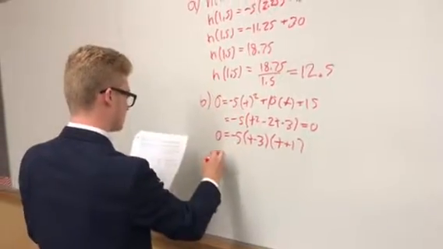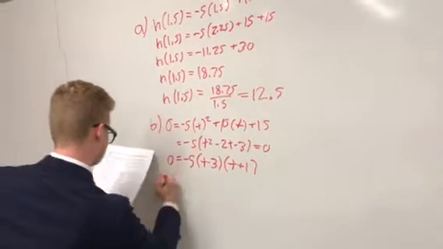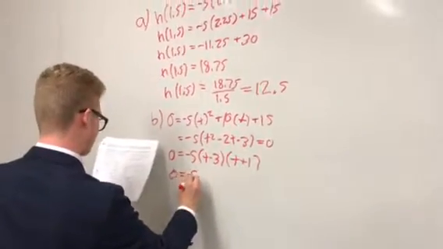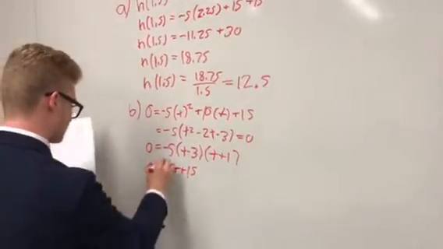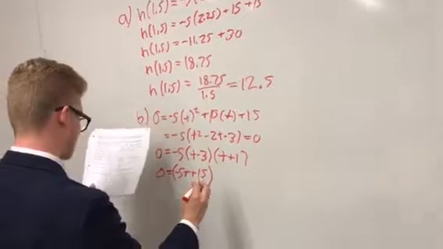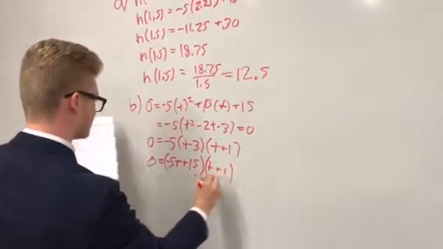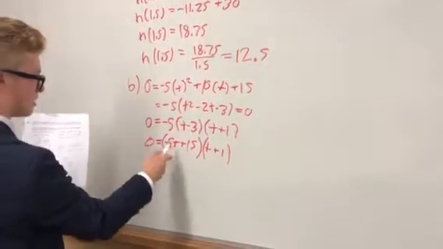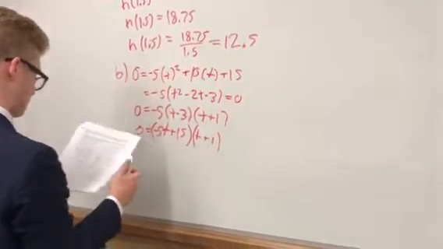So ultimately, this will equal 0 equals negative 5t plus 15, brackets, and then t plus 1 stay the same, because you put the negative 5 into this bracket to get negative 5t plus 15. And then after you do that, you're going to make it equal 0.